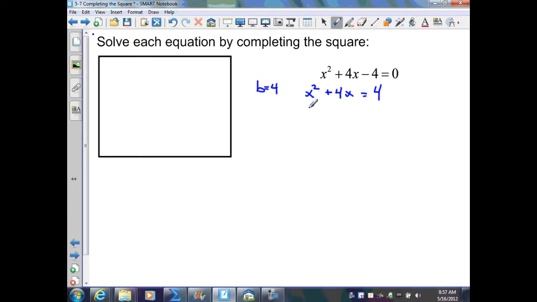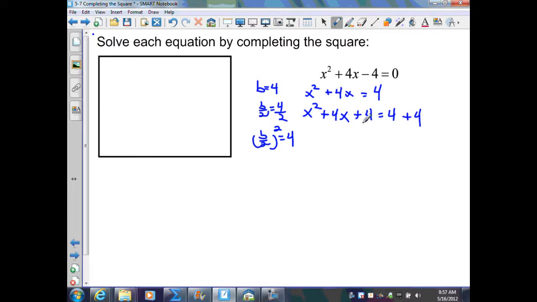I want to divide that by 2, which gives me 2. And when I square it, 4 divided by 2 is 2, squared, I get 4. I'm going to add 4 to both sides. That will balance my equation.